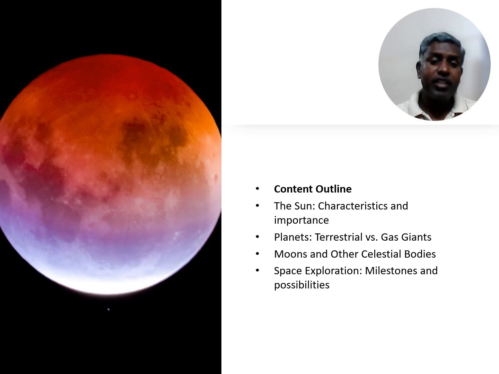I have divided the planets into two areas, such as terrestrial versus gas giants. Then the moon and other celestial bodies, space exploration, milestones and possibilities. So these are some of the content outlines we have to give in our unit plan.